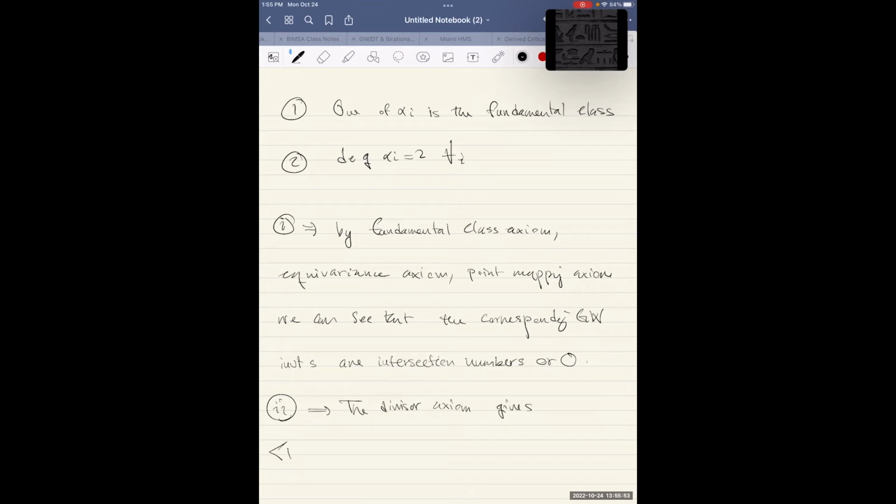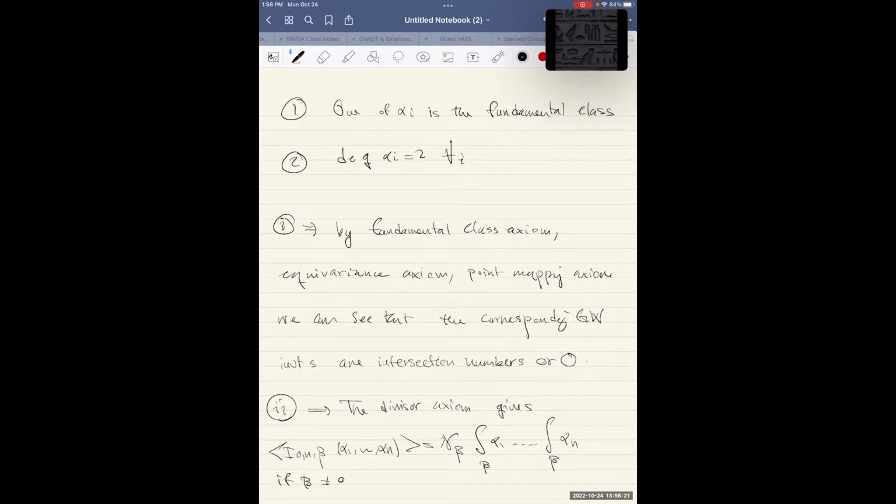I_{0,n,β}(α1, ..., αn) is the integral over β of α1 times all the way to the integral of αn, right?